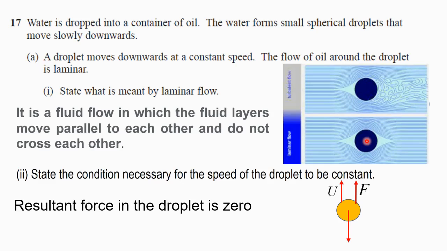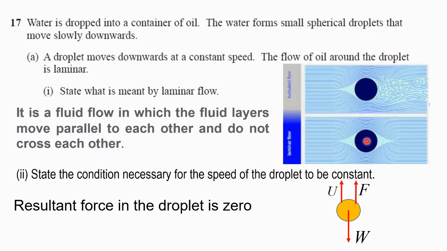And lastly, there is the weight of the droplet. The weight of the droplet is always acting vertically downward, and the upthrust and the drag force, or the frictional force due to the viscosity, are always acting in the upward direction.